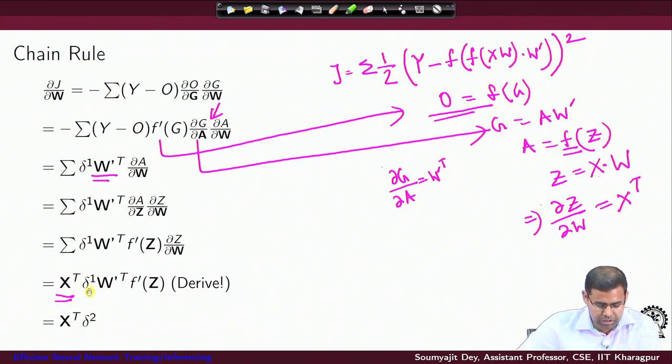Here you replace delta 1 with W prime transpose and f prime z using a new constant, which is delta 2. So, we are just trying to figure out how to derive this del J del W, and this would be our expression here, fine.